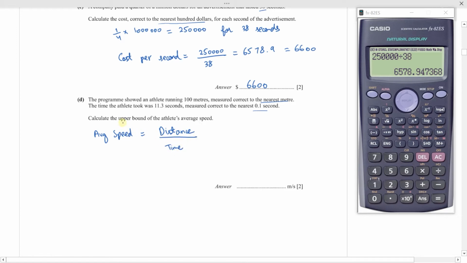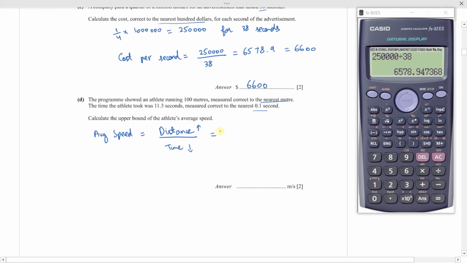So now we need to calculate the upper bound. To calculate the upper bound, we need to maximize this fraction. To increase the value of this fraction, I will increase the numerator value and decrease the denominator value to get the maximum value of this fraction, right? So I can increase the fraction value by increasing the number in the numerator, and I can also increase the fraction value by decreasing the number in the denominator.